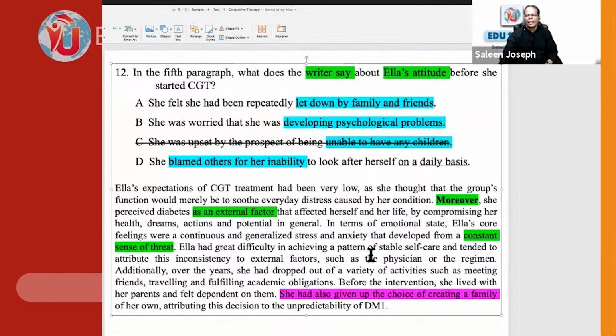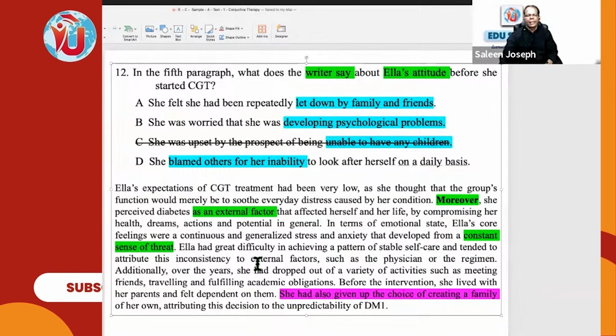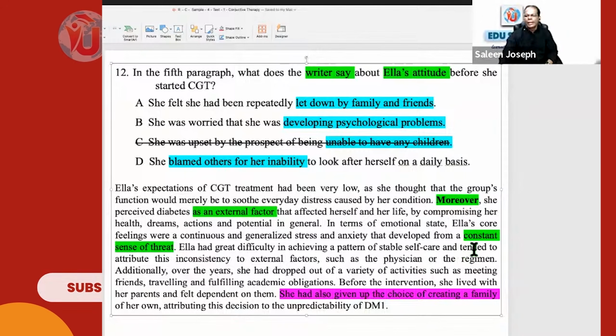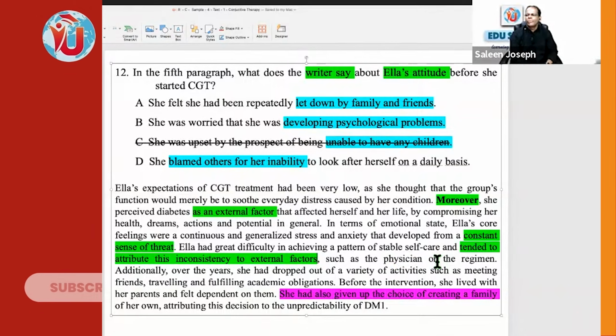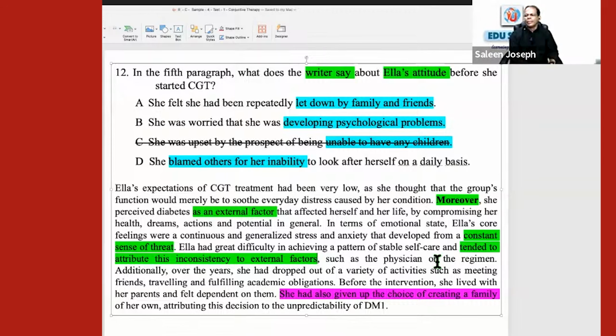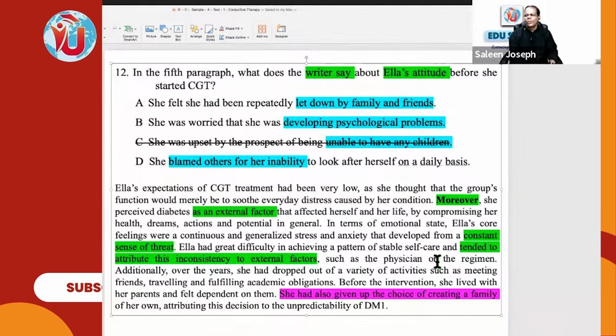Ella had great difficulty in achieving a pattern of stable self-care and tended to attribute this inconsistency to external factors. Tended to attribute means she could not do her self-care activities and she blamed external factors. Attribute to external factors means you are attributing your problems to others, means blaming others for your problems.